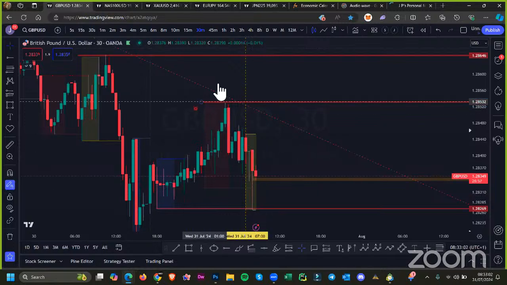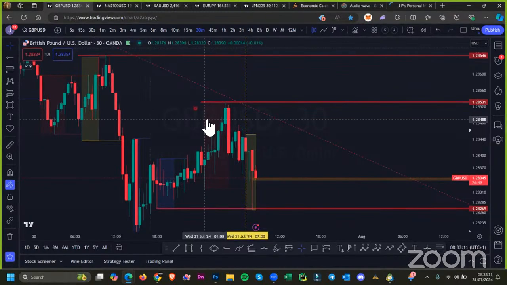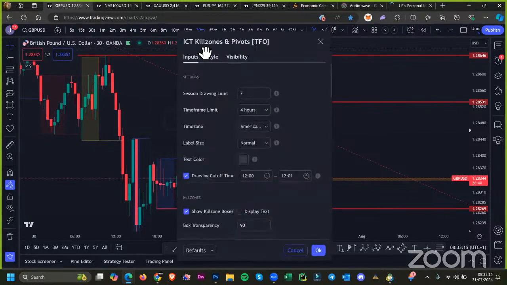Now let's just knuckle into it, if you guys want to get your settings like my settings. I'm only using this indicator for sessions to let me know what session's happening when. This indicator is called ICT kill zones and pivots. You can determine how far back you want this indicator to show you these sessions.